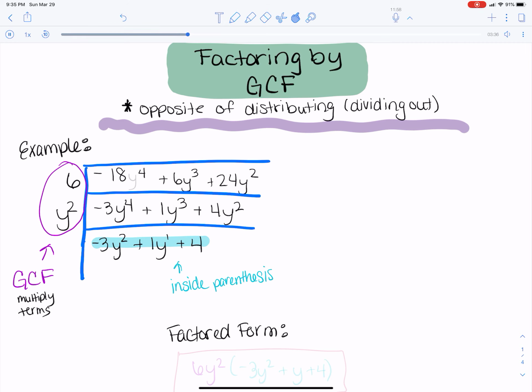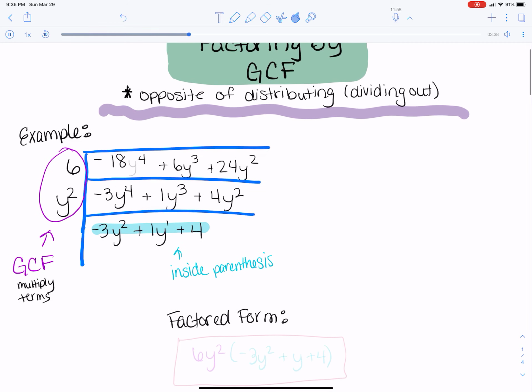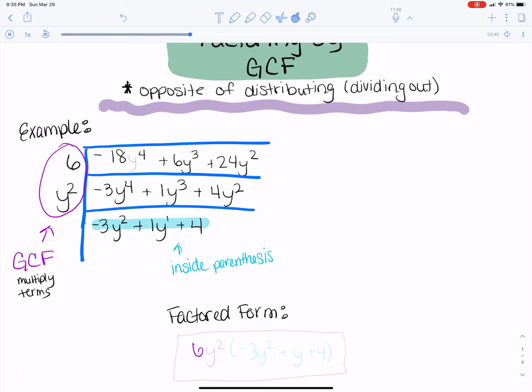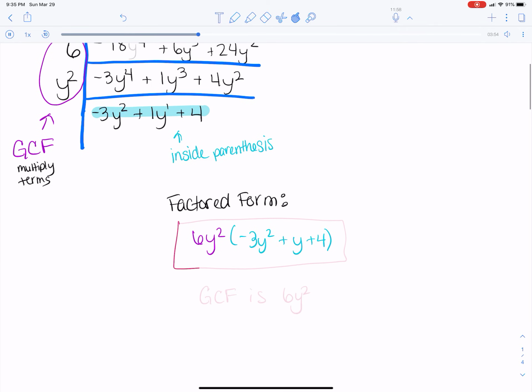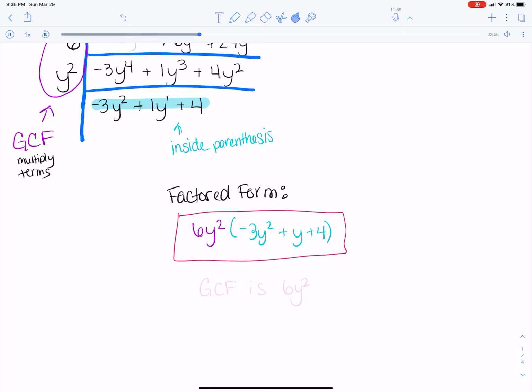So we write our factored form as 6y squared, parentheses negative 3y squared plus y plus 4. So this is our whole answer. That's our factored form with a GCF of 6y squared.